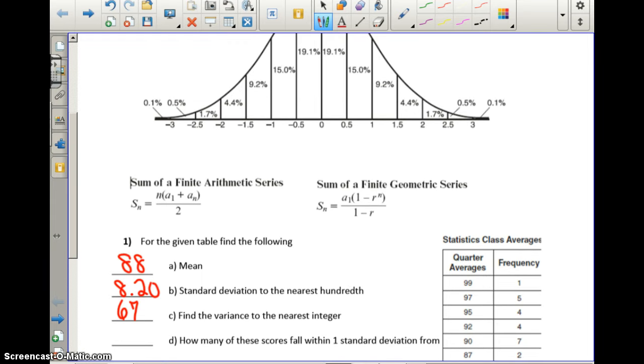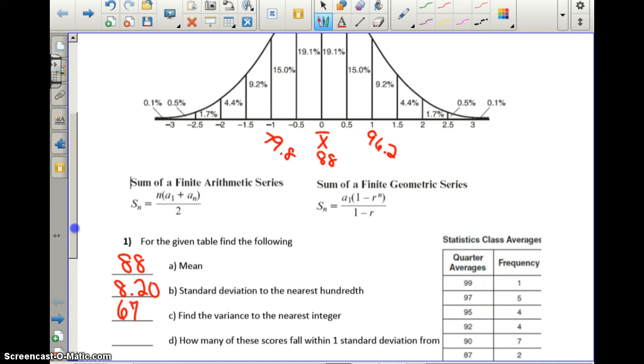So I put my mean of 88 here. And if I add 8.2, I have 96.2 here. If I subtract 8.2, I have 79.8 here.